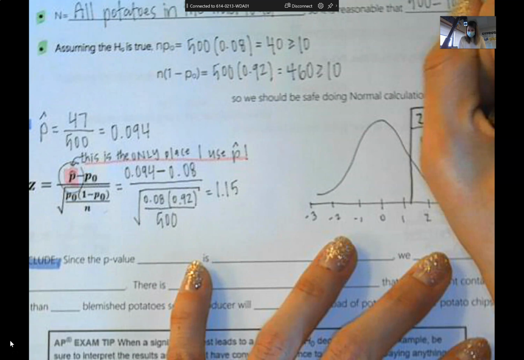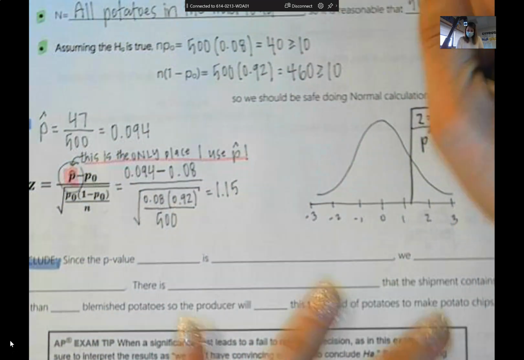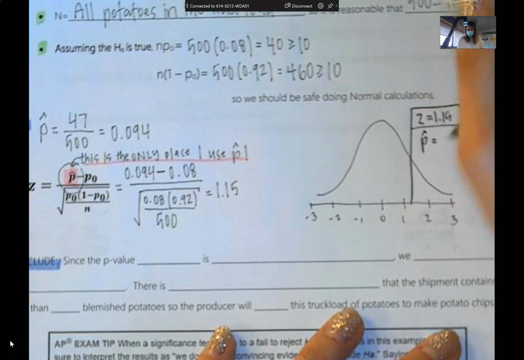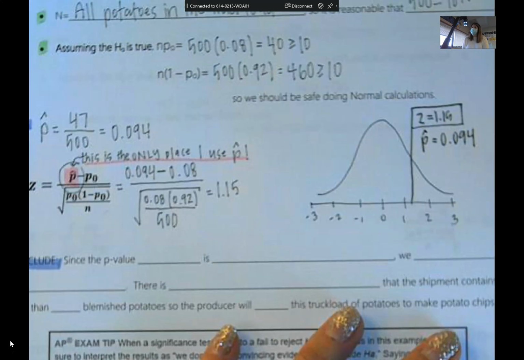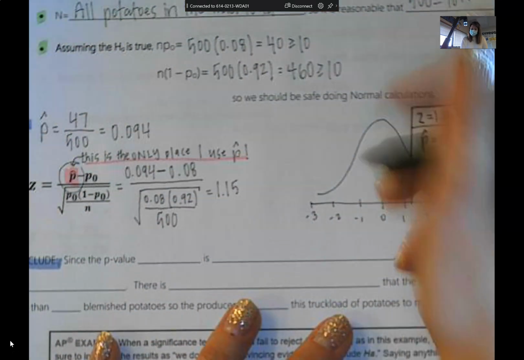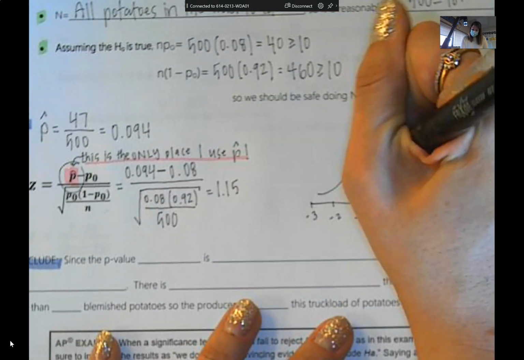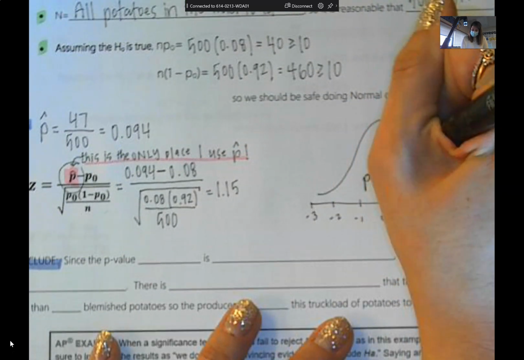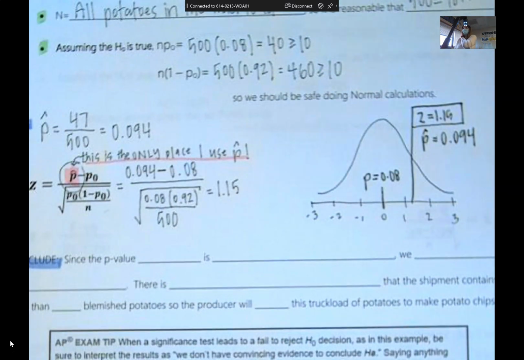That matches our actual sample proportion of 9.4%. So this is 1.15 standard deviations away from the claimed value of 8%.